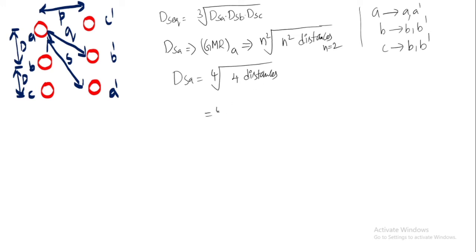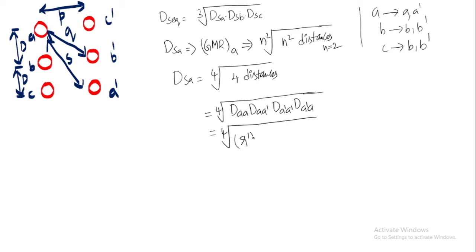Now what are the four distances? The fourth root of four distances are the distances between the conductors of the same phase. Conductors are A and A dash. So the distances are, one is the self distance A to A, next distance is A to A dash, third one is another self distance A dash to A dash, fourth one is A dash to A. Now what is this value? It is fourth root of A to A is R dash. We know this already.